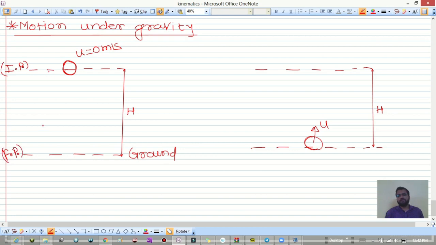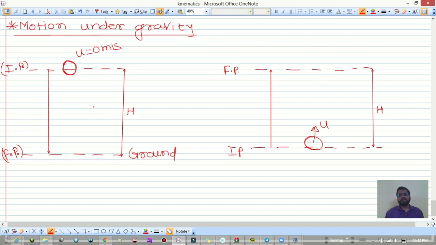Then from the initial position to the final position, the displacement is in the downward direction, as you can see. And over here, this is the initial position and this is the final position, so the displacement is in the upward direction.